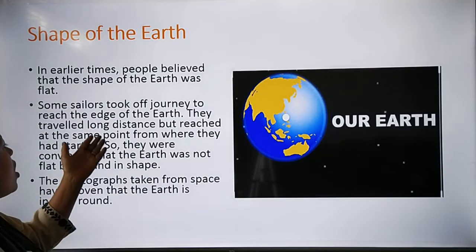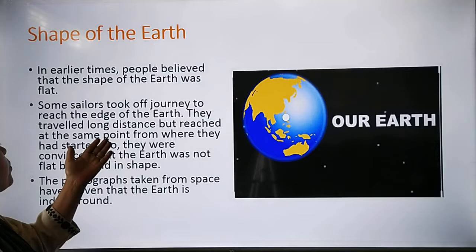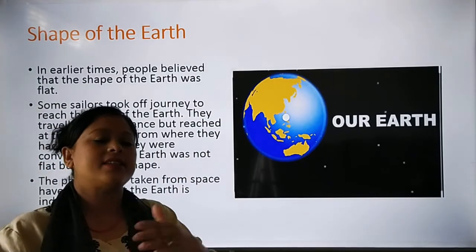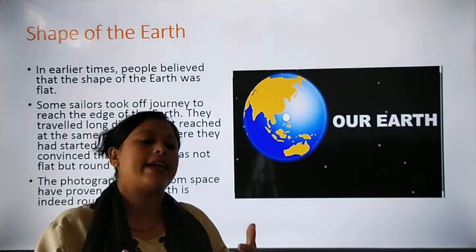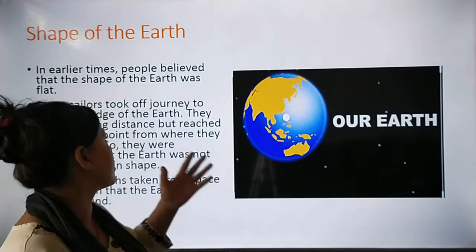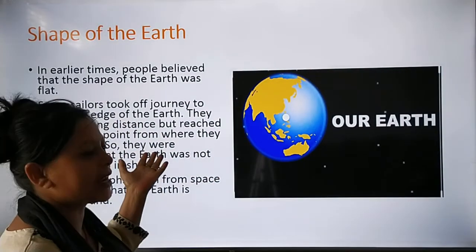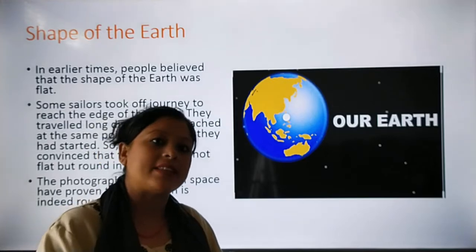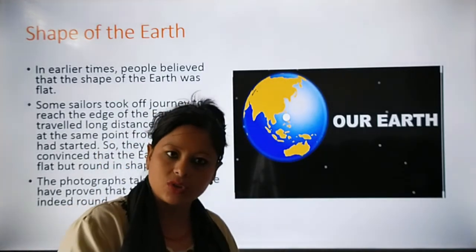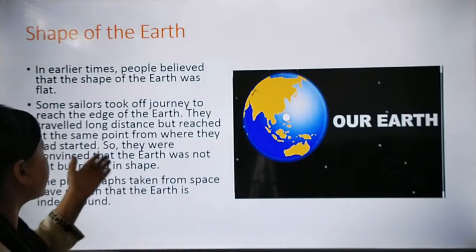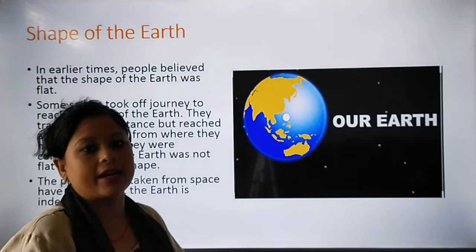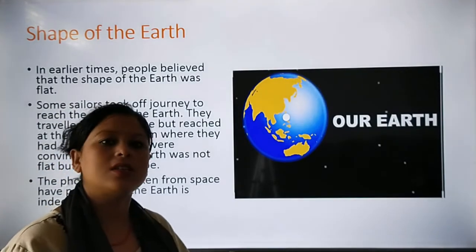So they traveled a long distance but reached the same point from where they had started. After a long distance, they reached the same point where they had already started. Understood? So at that time they believed that no, the earth is not flat.